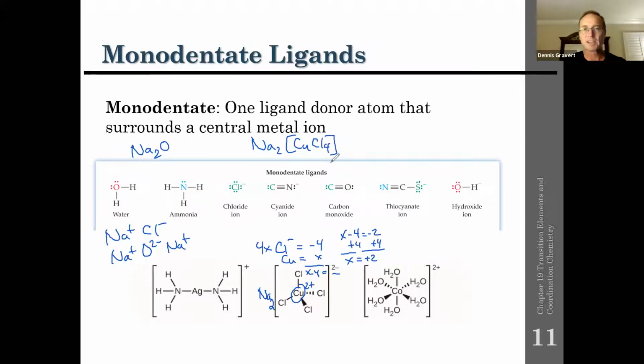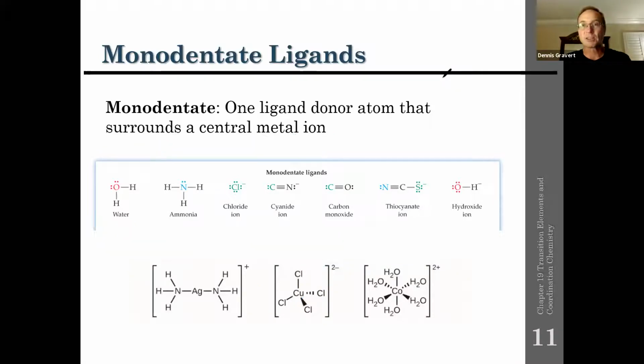This compound says, well, no, inside the brackets is one molecule that has a net -2 charge. That's what's attaching ionically to sodium. But inside that molecule, there's 4 chlorines that are bound covalently to that central metal atom, the copper. Okay, monodentate, all these ligands, they attach to the transition metal through one covalent bond, and that's it.